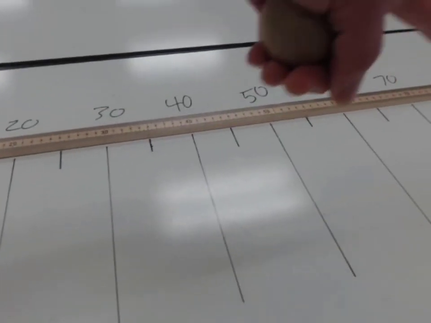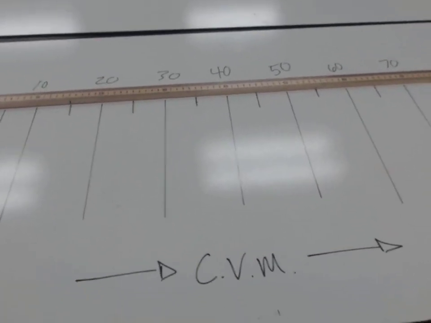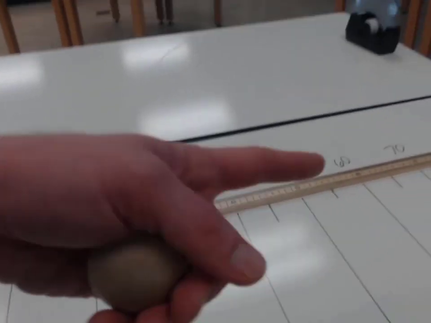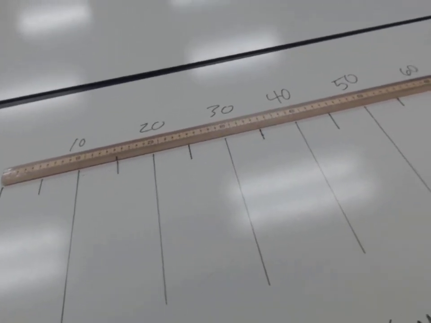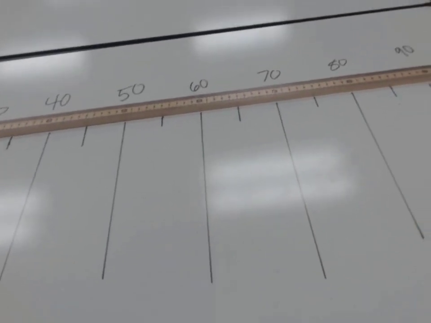So this is your measuring device on the table to figure out how fast the ball is moving. You've got a distance measurement in there, and we'll have a little stopwatch running at the bottom of the screen for time.